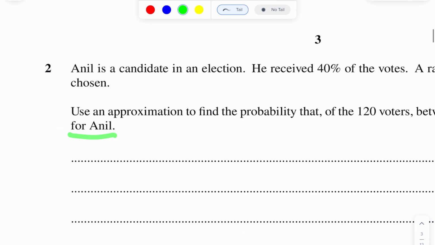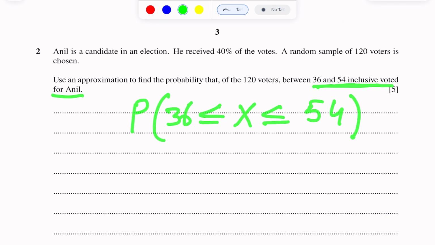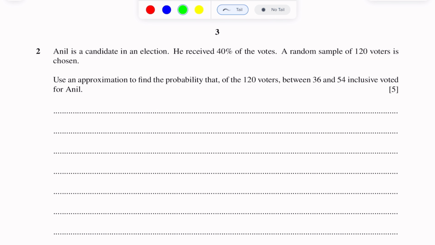So we will write this: we have to find the probability of X lies between 36 and 54 inclusive. Inclusive means extreme values 36 and 54 will also be included.